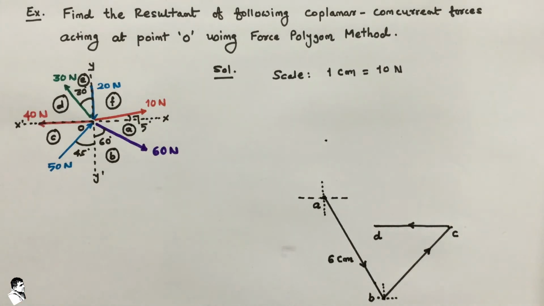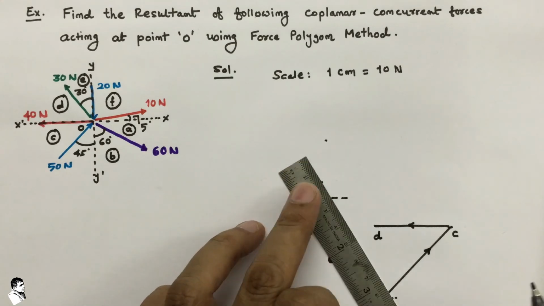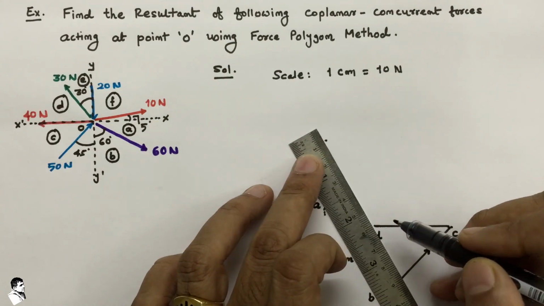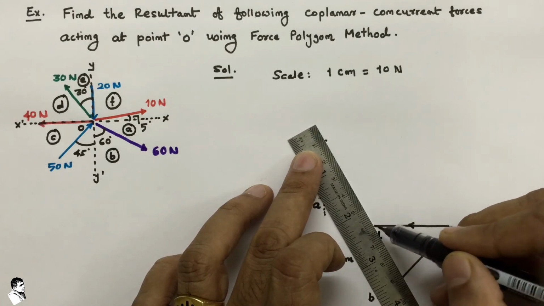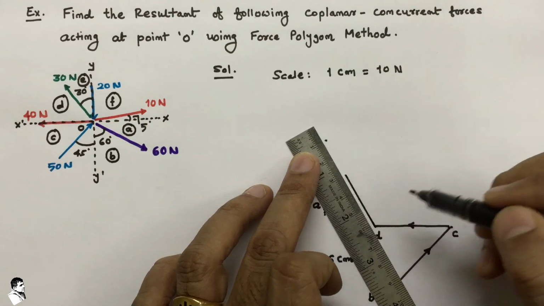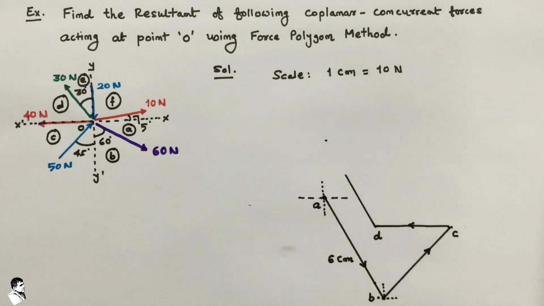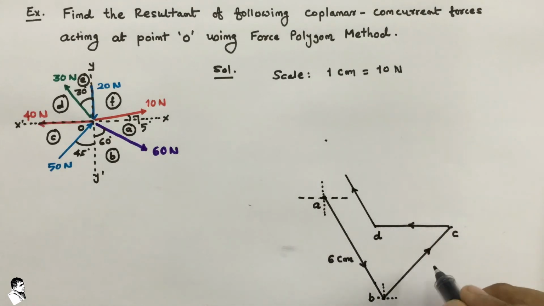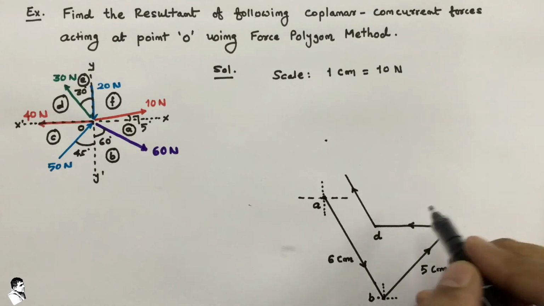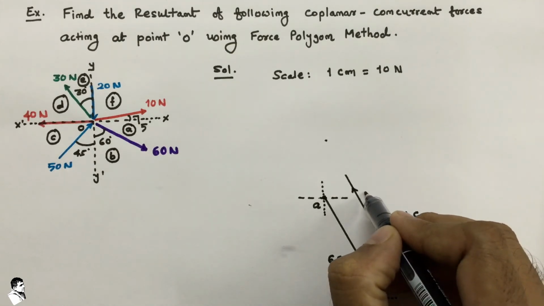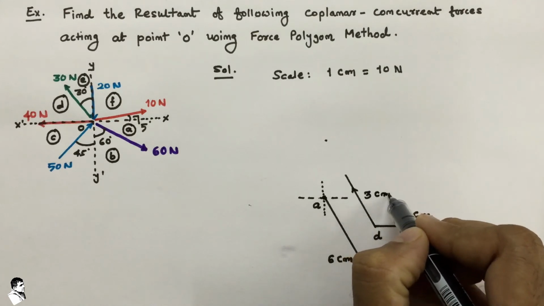Taking the scale, the length of that force is 3 centimeters. So we have 6, 5, 4 and 3. The dimensions of the lines are 5 centimeters, 4 centimeters, and this one is 3 centimeters.